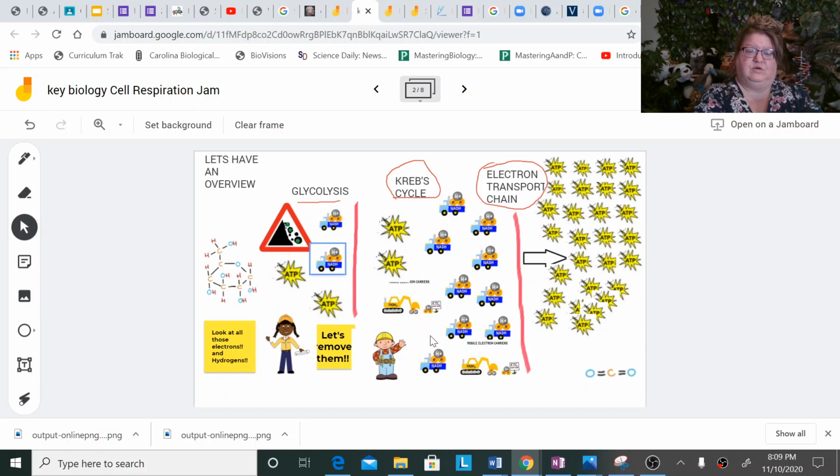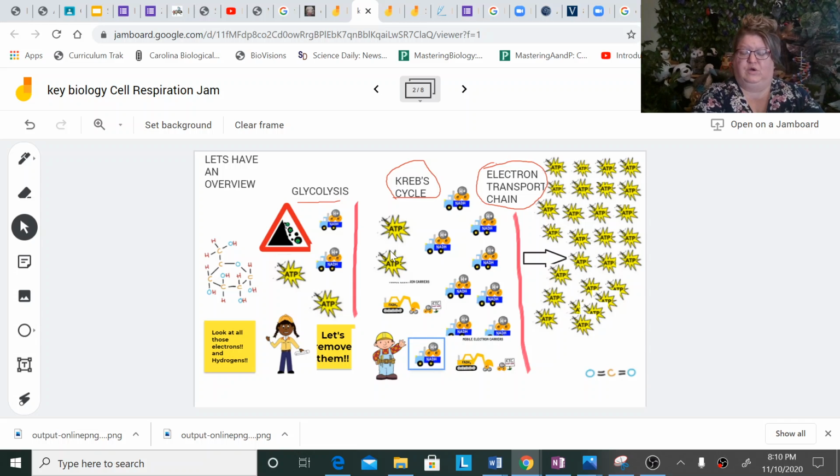And in the Krebs cycle, we're making this huge convoy of NADH. So you can see if I did it right, there should be 8. 1, 2, 3, 4, 5, 6, 7, 8. And then 2 FADH2s are little bulldozers, and then 2 ATP.